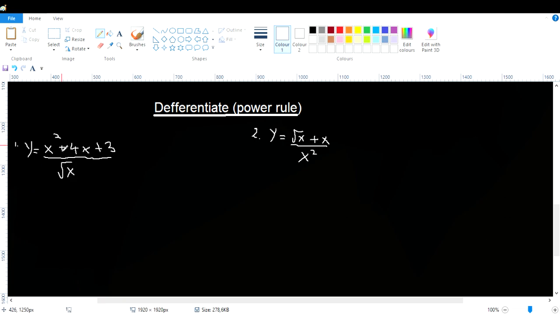Okay, before we attempt to apply the power rule, let's try to simplify this function first.